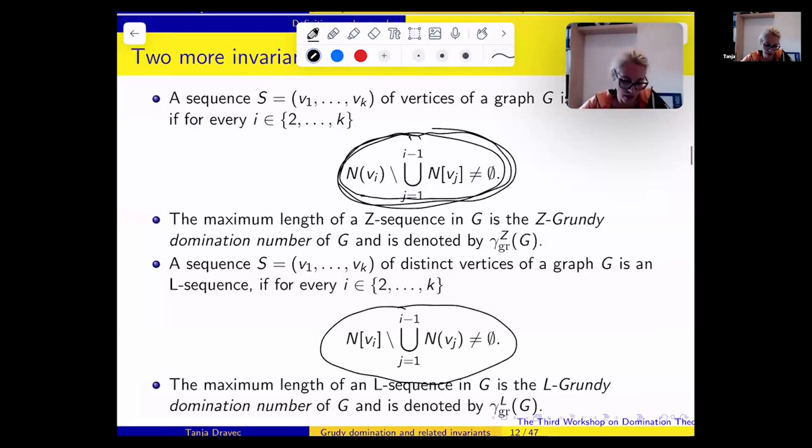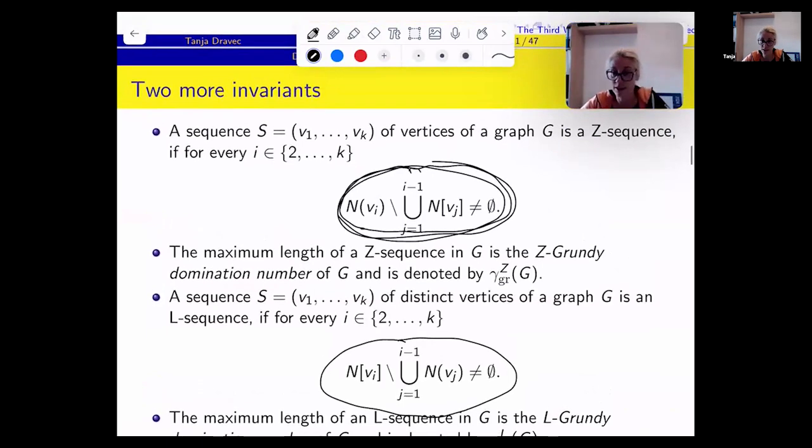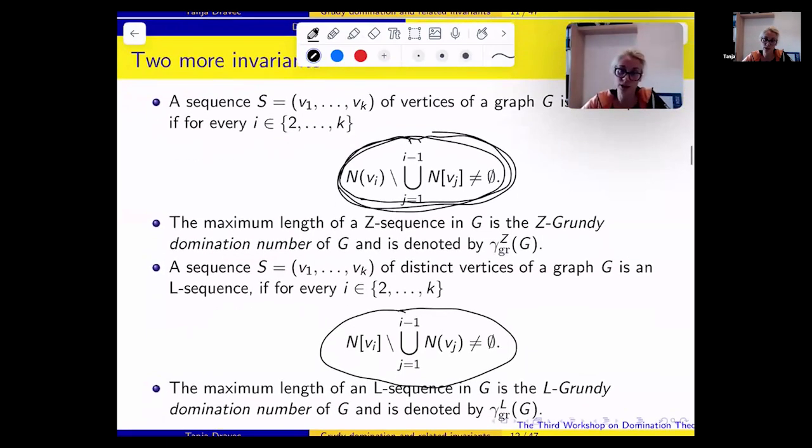So a sequence of vertices is a Z-sequence if each vertex of the sequence totally dominates at least something that was not dominated by previous vertices of the sequence. The difference between this sequence and the closed neighborhood sequence is that if I put a vertex in the sequence that will footprint itself, then it is necessary that this vertex also footprints something else. So if a vertex dominates itself, it must dominate also something else.